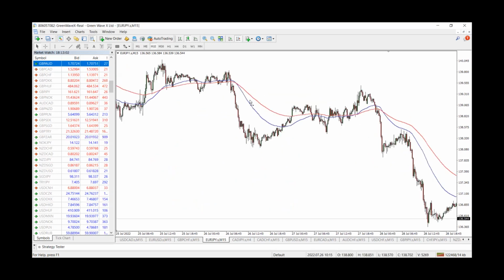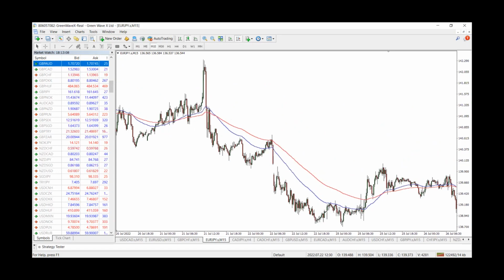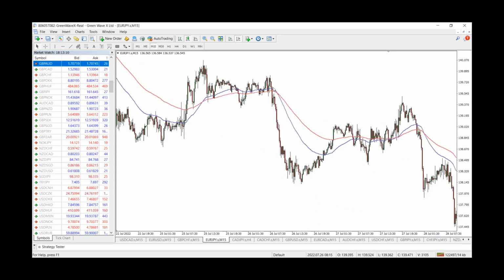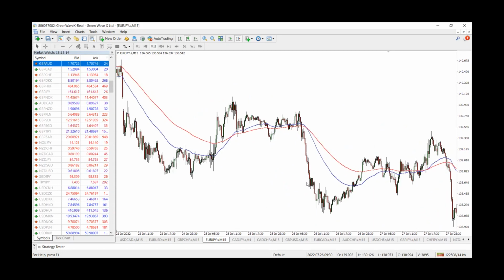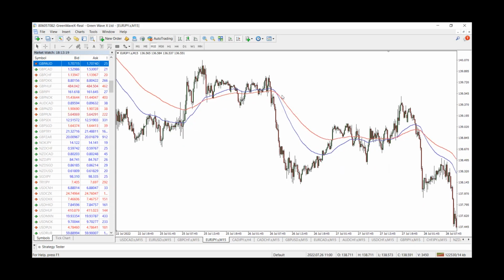Another way of using it is, of course, the crossover of the indicator itself. So some people, instead of looking at when price cuts the indicator, tend to use different moving averages, like here, where we have the 50 and the 100-day moving averages, and then they want to trade the crossovers. Like we have a crossover here, then they sell.